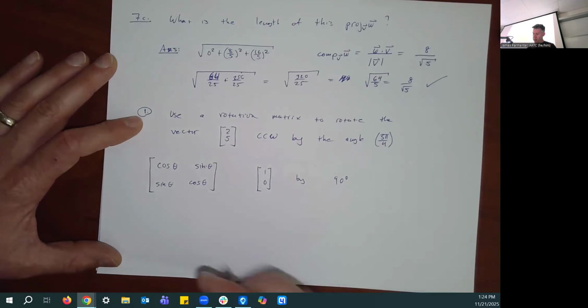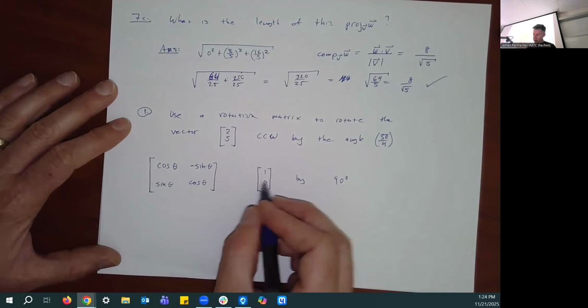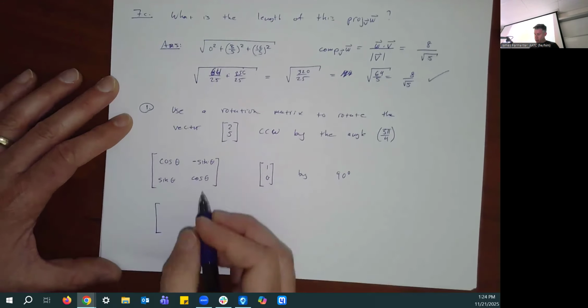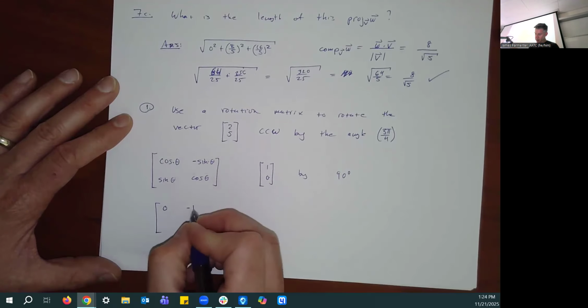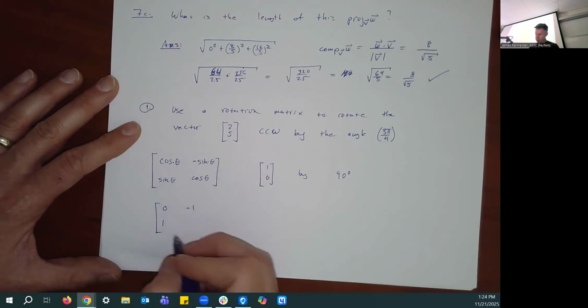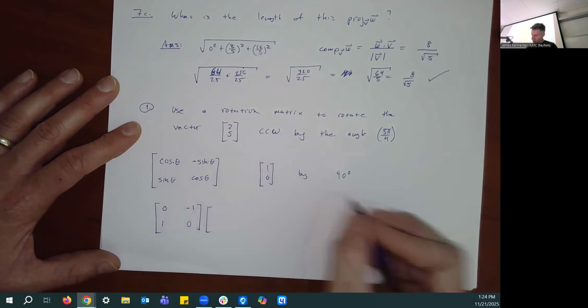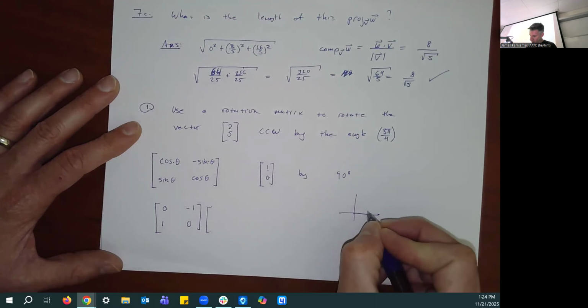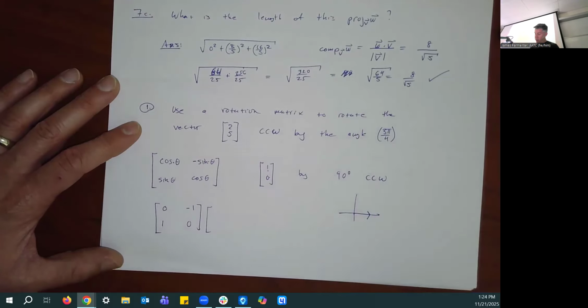Let's try putting the negative sign here because that's where I think it goes. If I multiply this vector by this matrix, cosine of 90 degrees is 0, sine of 90 is 1, sine of 90 is 1, cosine of 90 is 0. Oh, and I should say by 90 degrees counterclockwise, the direction is important here.